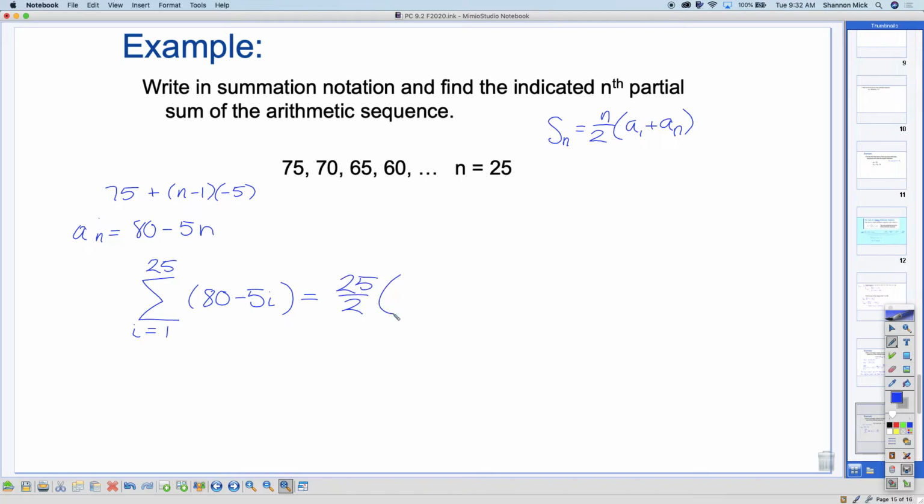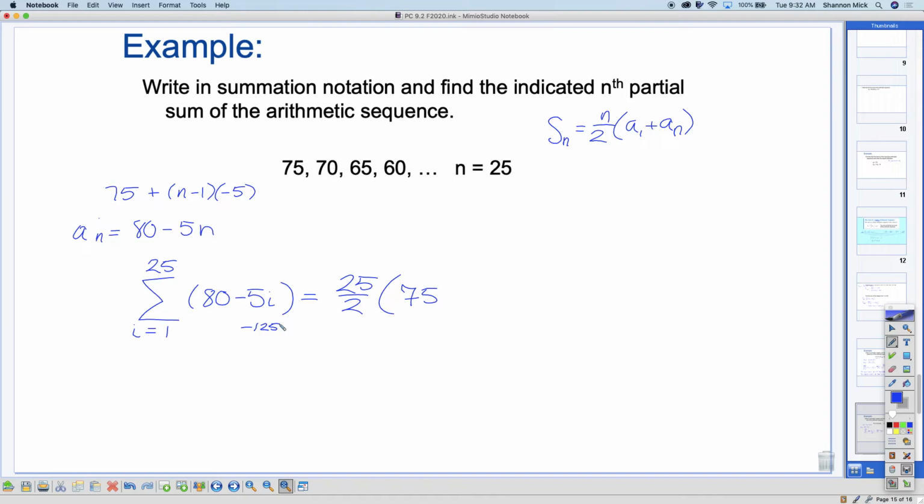I get a sub 1 by plugging in the lower limit. So 80 minus 5 is 75, and that's what we were told, right? So we make sure it's right. And now I have to plug in 25. So that would be negative 125, plus 80. Negative 45, because you plug in 25 right here for i.